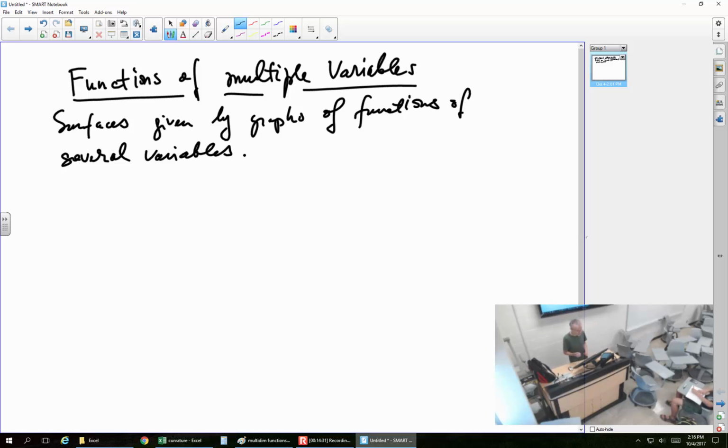Okay, so the simplest example we already have seen, so I'm not going to do the review again. It is z equal to f of x, y. So that's where the dimension is equal to 2. Dimension of what?